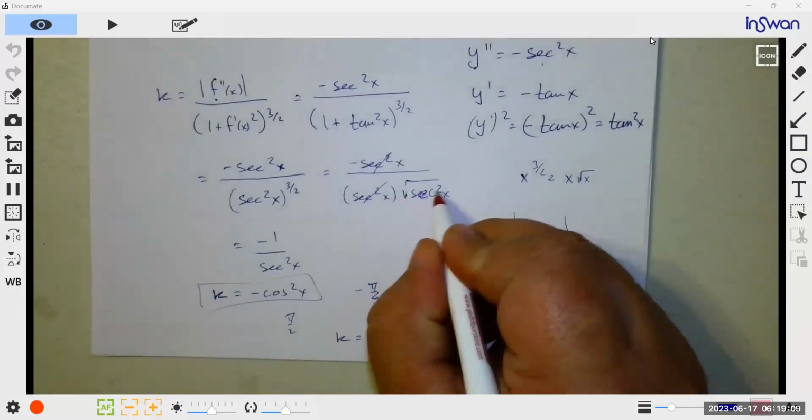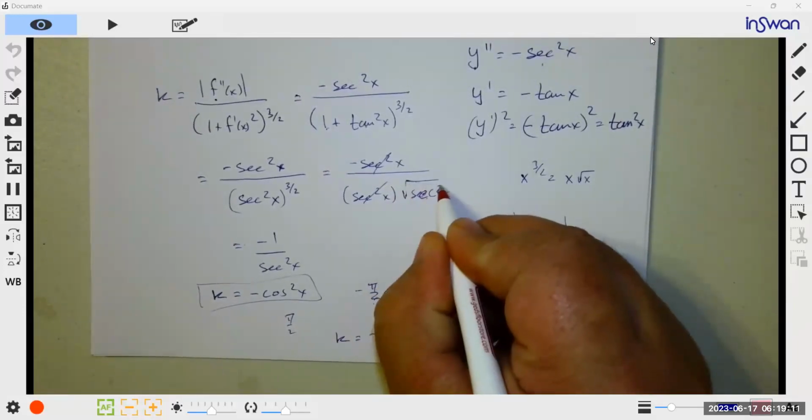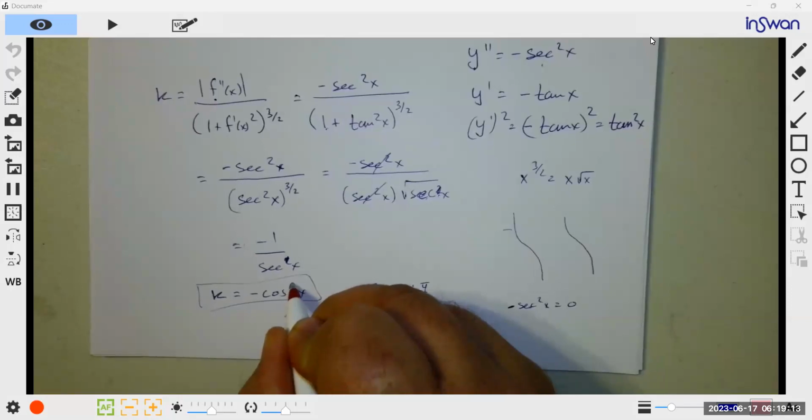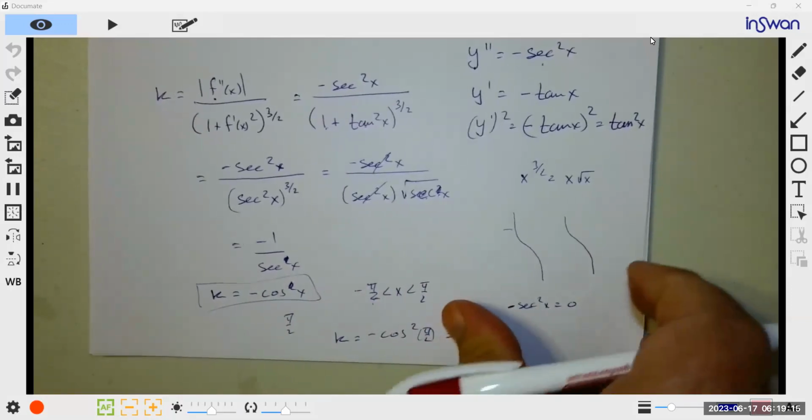Okay, so square root of secant, secant squared, those cancel. So it's just cosine. All right.